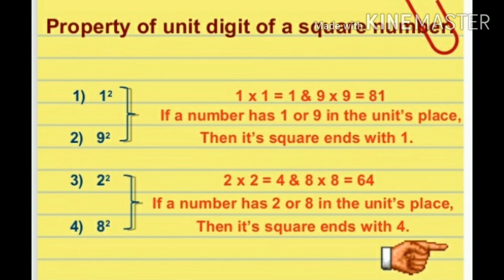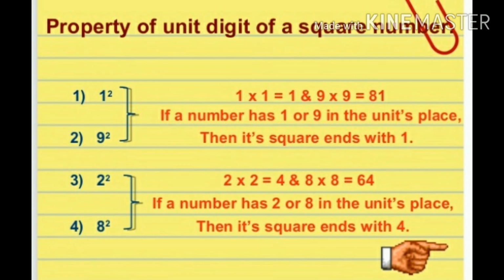Here 2 into 2 is 4, 8 into 8 is 64. 64 ends with 4. If you take 12 into 12, that also ends with 4, because the square of 12 is 144.